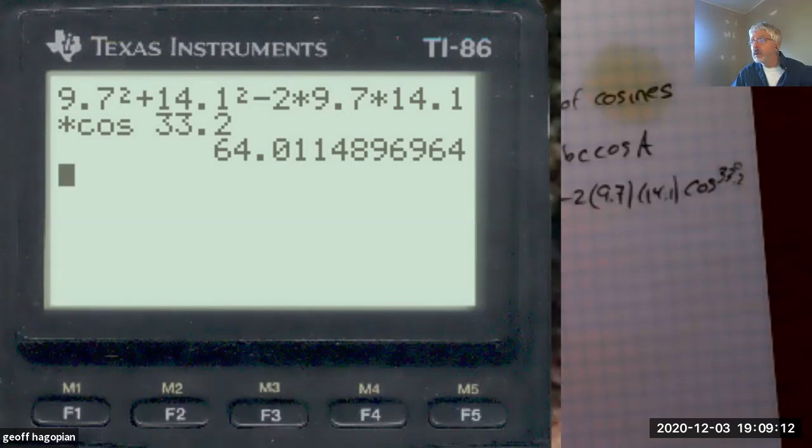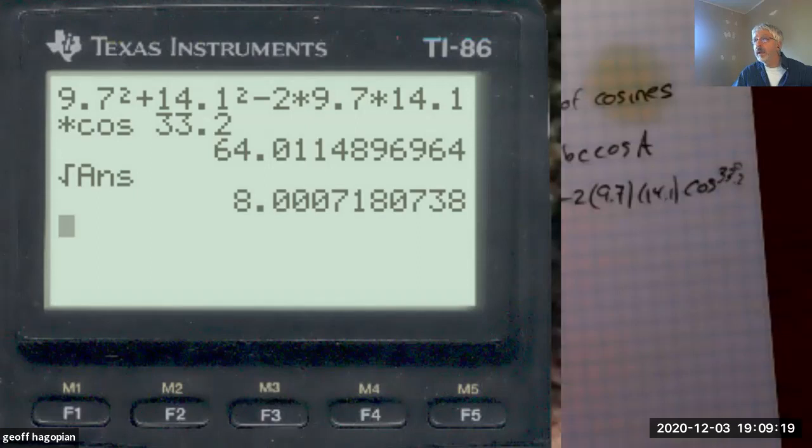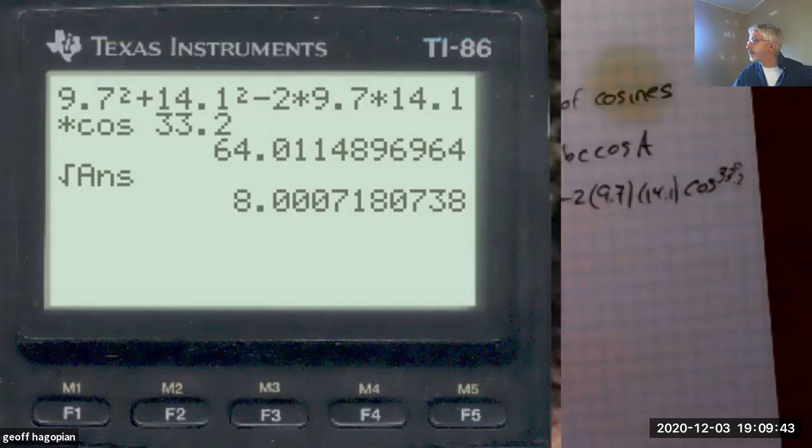So here's the square root operator, and I'm going to say that last answer is about 8, pretty close to 8. So they say accurate to 4 decimal places. I guess 8.0007. Oh, that's A. They want the square of A, right? Okay. Right, and then the other one is 2 decimal places. What are we looking at?